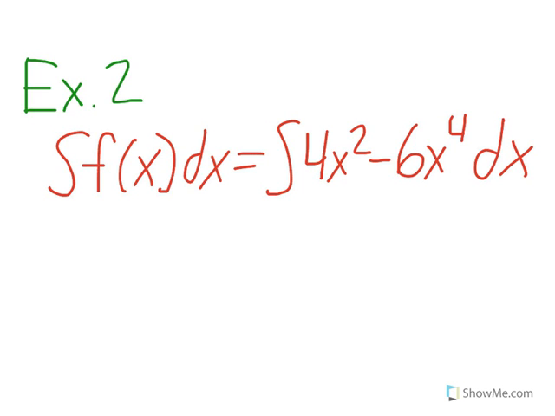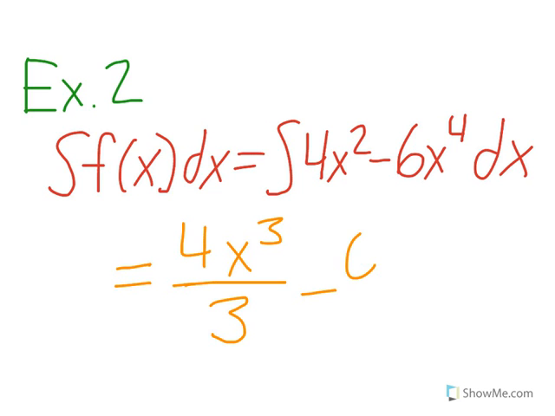Alright, for our solution, it would be 4x to the 3rd divided over 3 minus 6x to the 5th over 5 plus c. Simple enough? Alright, let's move on to something different.